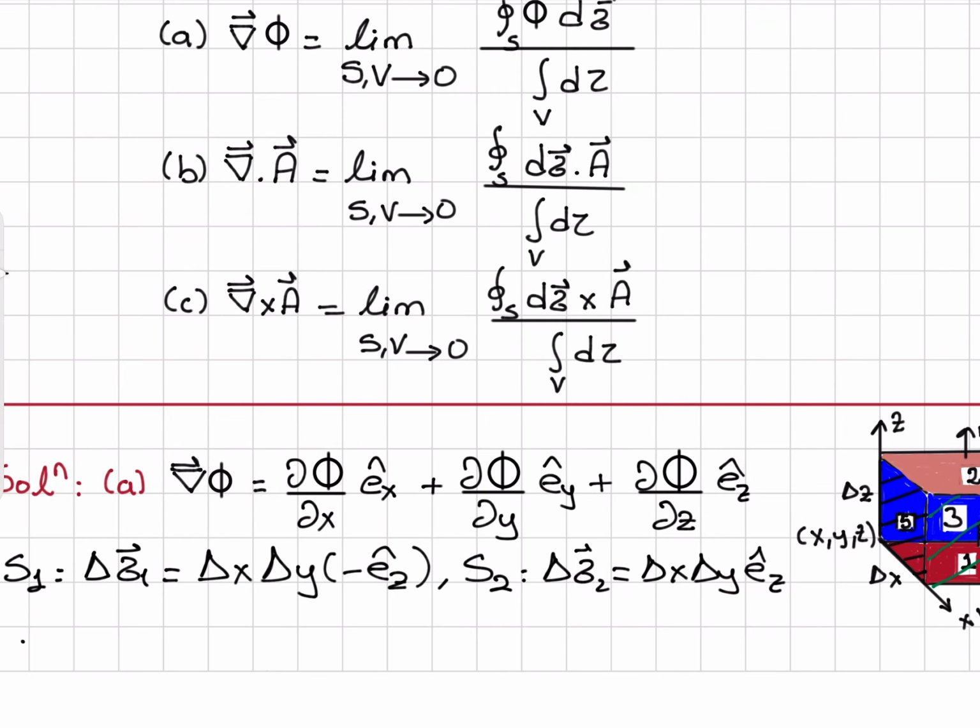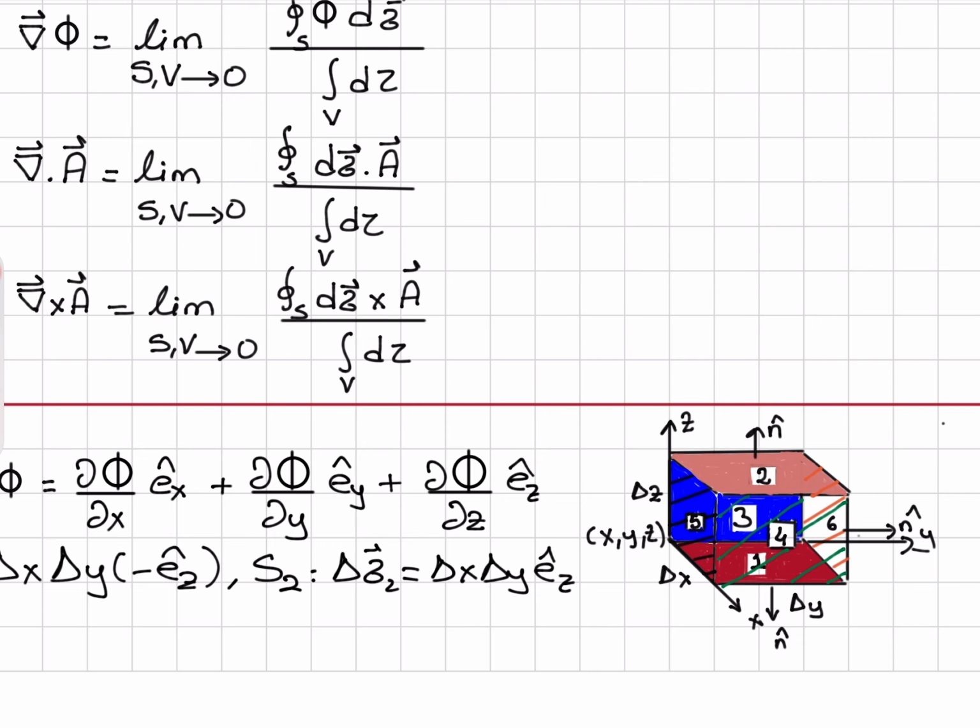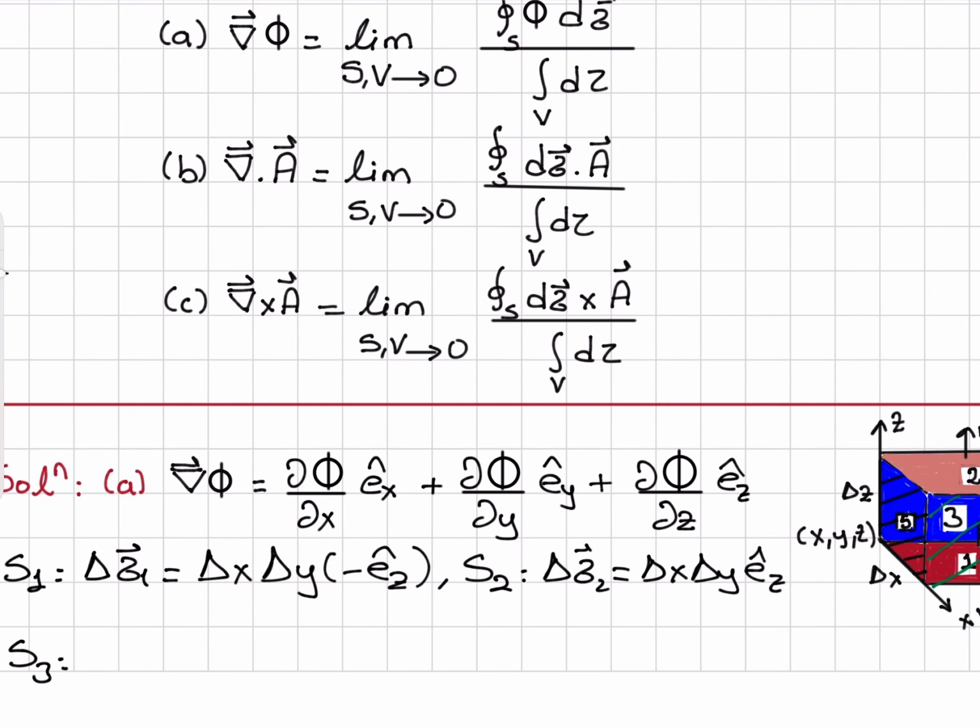And for surface 3, which is the back surface here, the blue one, it is delta y multiplied by delta z, in the minus e_x hat direction. So it's normal to the surface in the outward direction. Delta sigma 3 is delta y, delta z in the minus e_x hat direction.